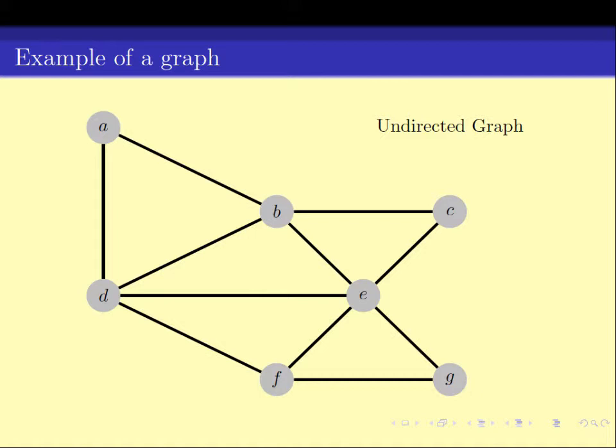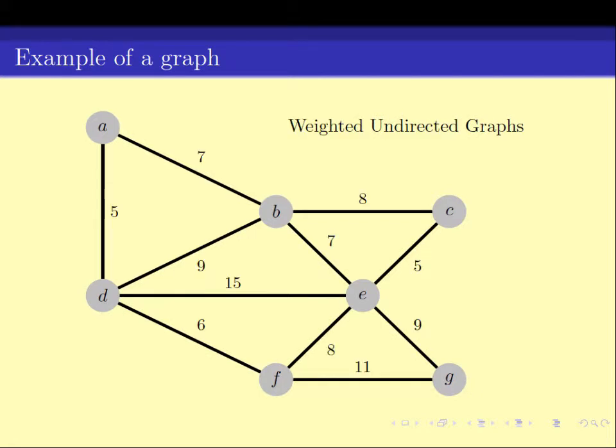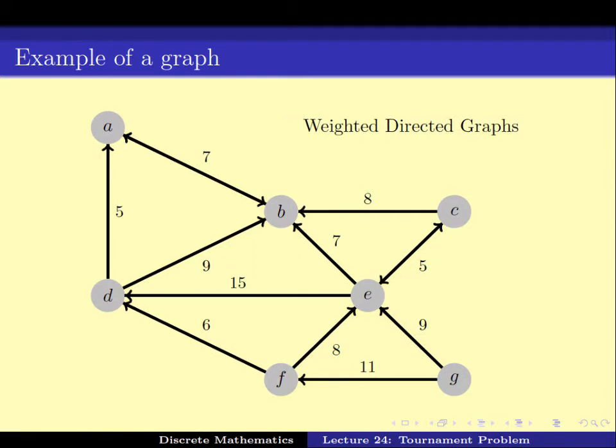Now there can be weights on the edges, and in that case we call it a weighted undirected graph. And sometimes the edges need not be undirected, in the sense that D to A and A to D might be different. In that case we get a directed graph, and we denote it using an arrow.